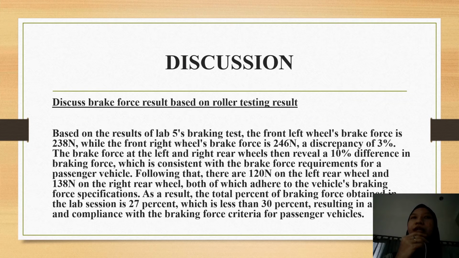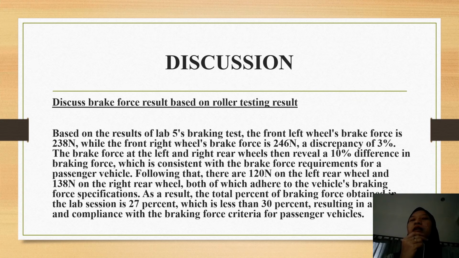Okay, for discussion, based on the result of Lab 5 braking test, the front left wheel's brake force is 238 Newton, while the front right wheel's brake force is 246 Newton, a discrepancy of 3%. The brake force at the left and right rear wheel then revealed a 10% difference in braking force, which is consistent with the brake force requirements for a passenger vehicle.